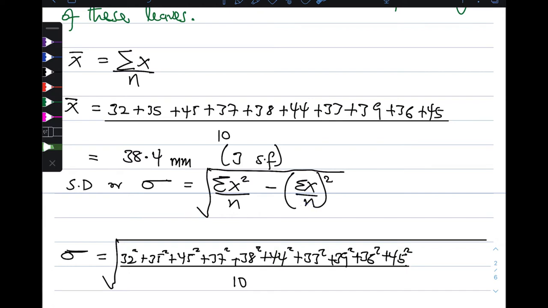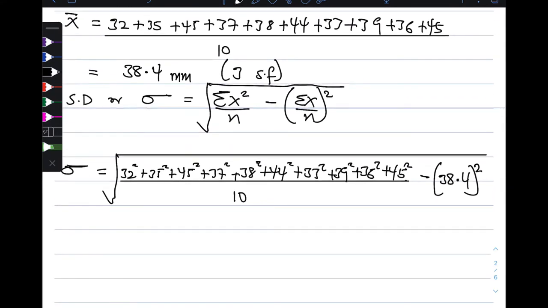Then the formula goes on to say we should subtract the mean. But what did we get for the mean? We got 38.4. So we have minus 38.4 squared. Now maybe all this will not go on your calculator, so let me break it down a little bit.